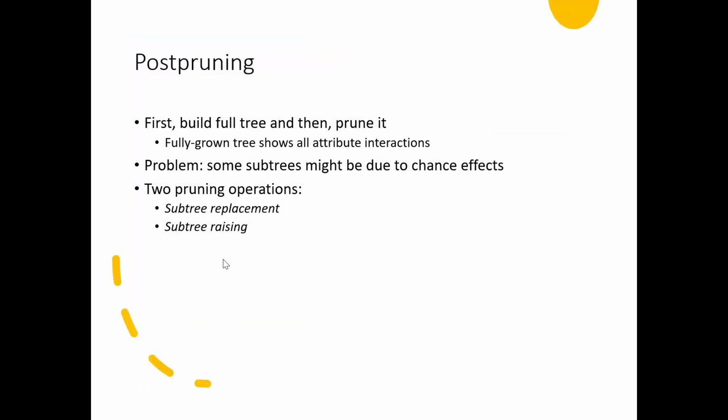In post-pruning, you build a tree and then you prune it, and then sometimes there are some issues, subtrees might be there due to chance effects. For pruning strategies, usually we talk about subtree replacement and subtree raising. And there are possible strategies: error estimation, significance testing, and the MDL principle.